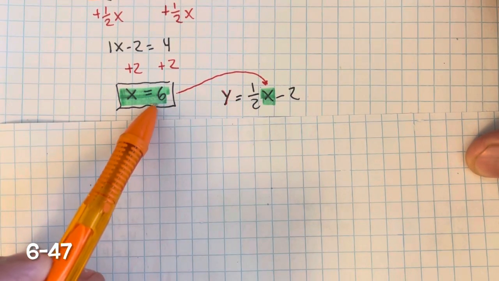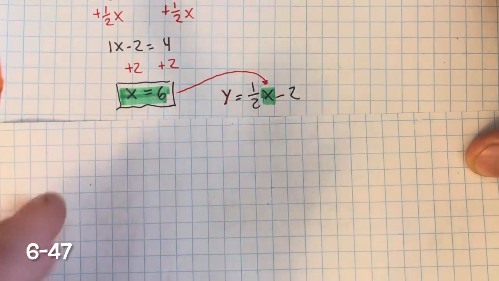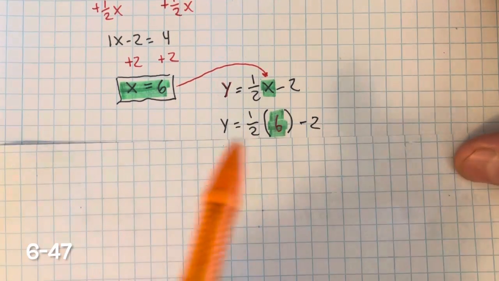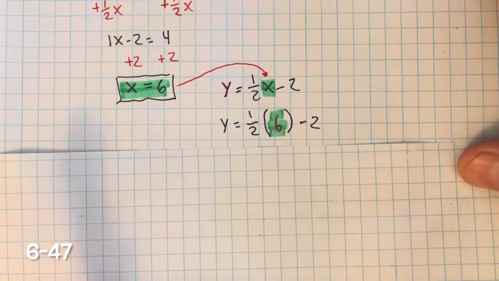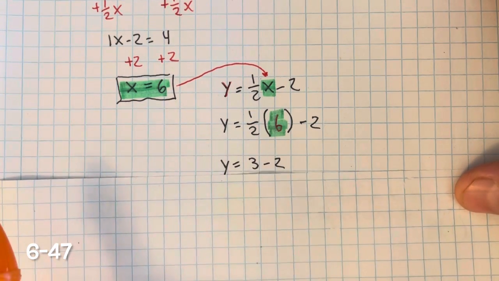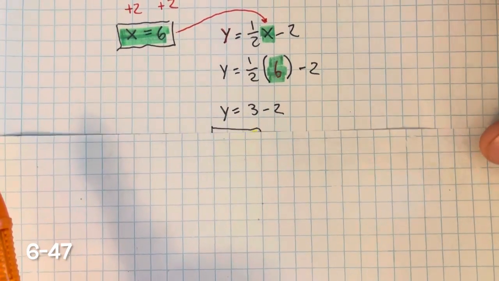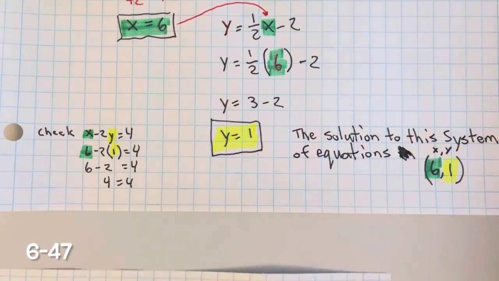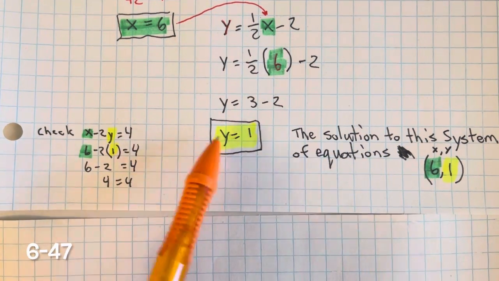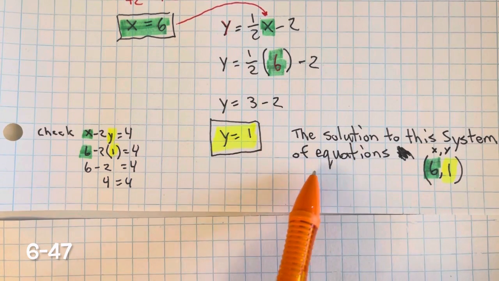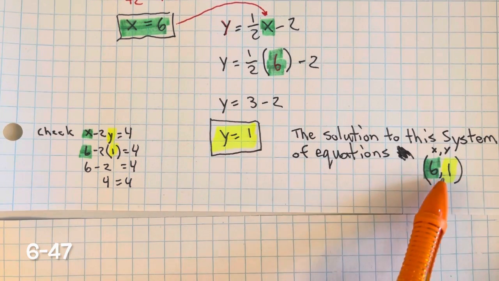So instead of x, I substitute 6. And half of 6 equals 3. 3 minus 2 equals 1. So I get y equals 1. So the solution to this system of equations is 6, 1.